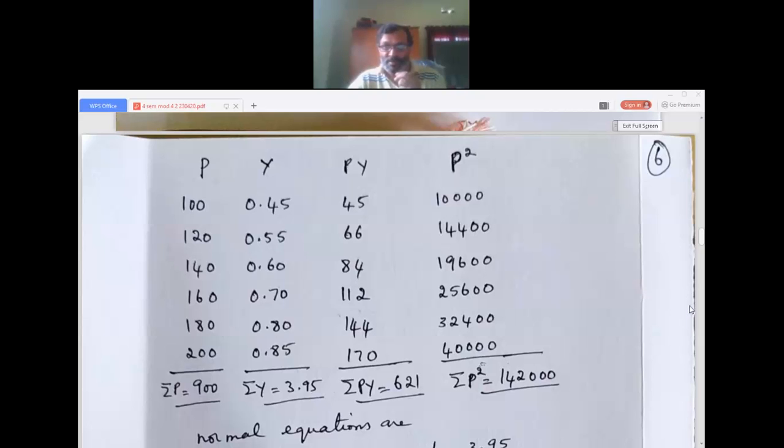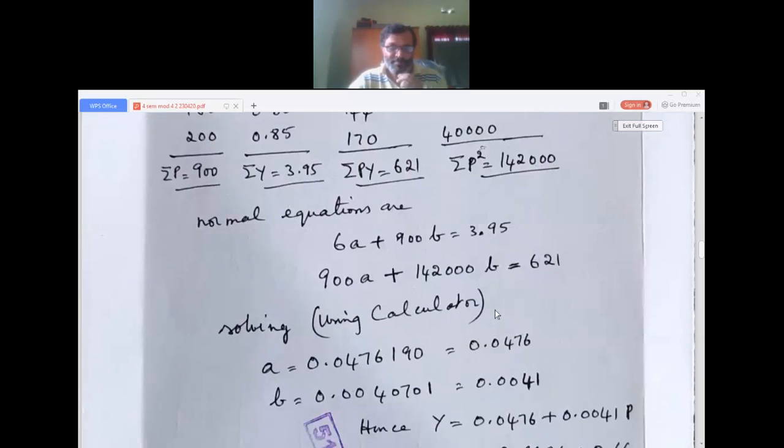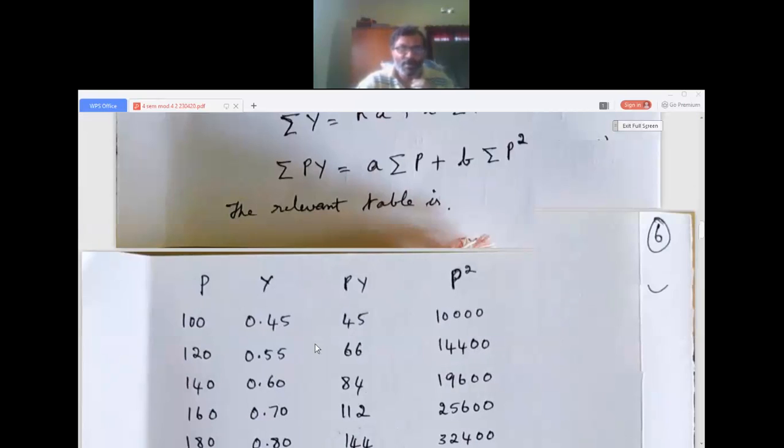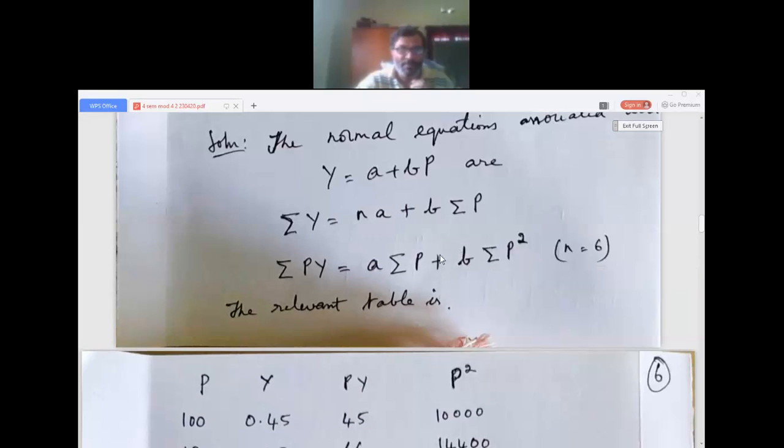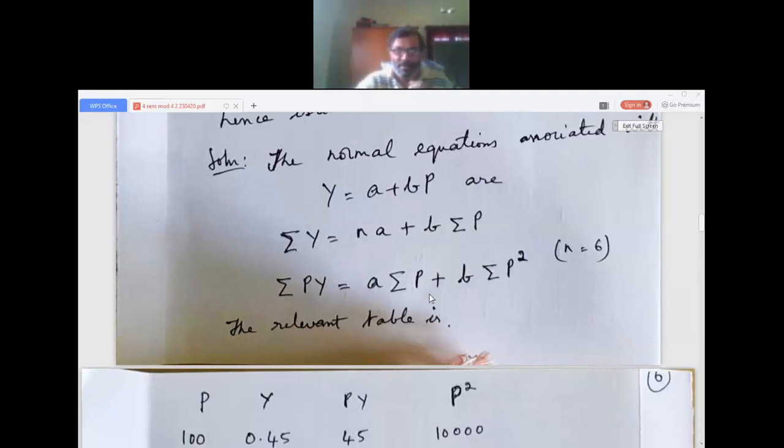Yes. Now substitute in the normal equations. The normal equation is sigma y equals Na plus B sigma P. The N value is 1, 2, 3, 4, 5, 6, so N is 6.